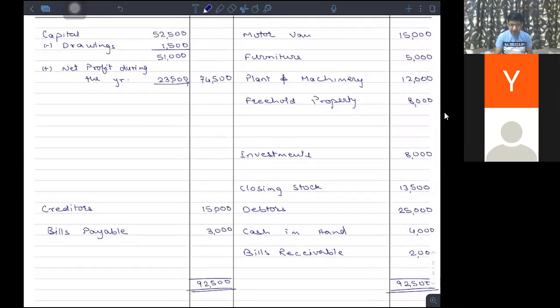That is 15,000, 5,000, 12,000, 8,000, 8,000, 13,500, 25,000, 4,000 and 2,000. 92,500 is the balance sheet total. Am I right? So this is how you deal with questions related to final accounts and prepare these different problems.